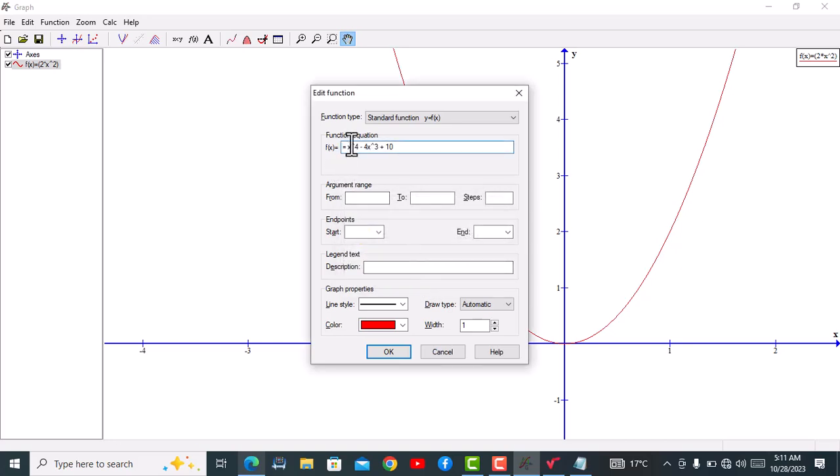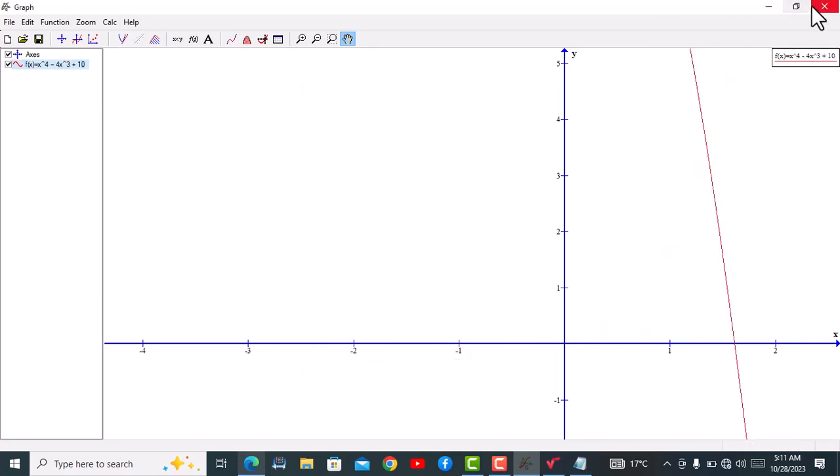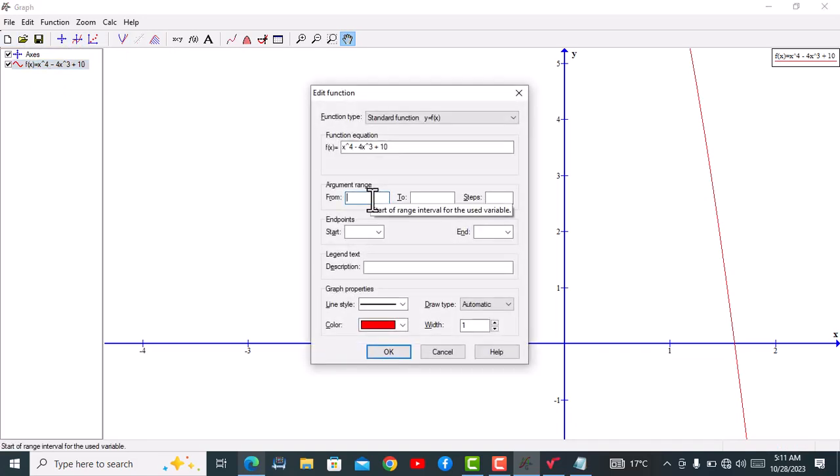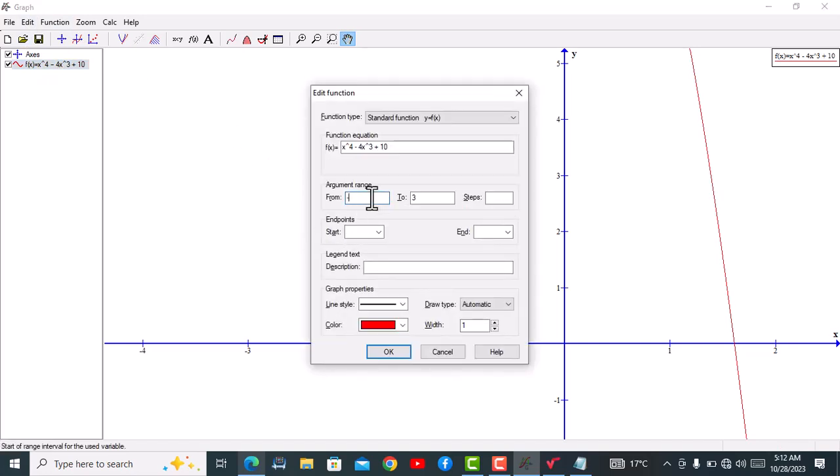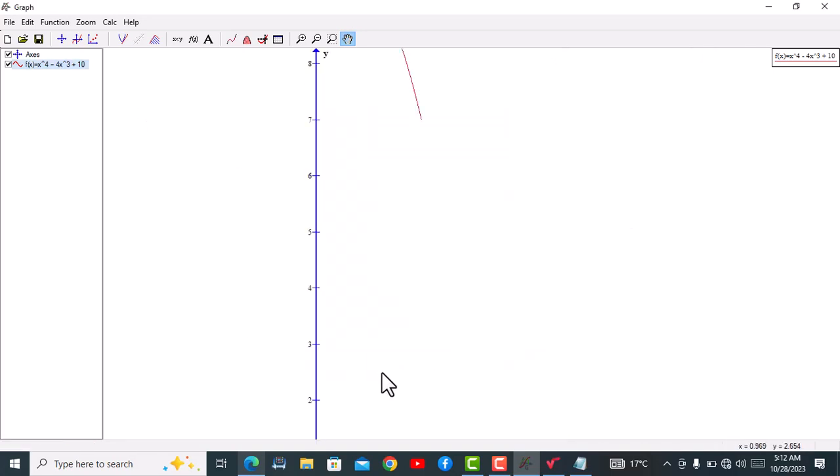Comparison operator misplaced. Okay, let me just do this. Sorry. And let's try to draw that. And can I please use an interval so that I can see what is happening there. Minus 3 and 3. Okay, let me say minus 1 and 1.